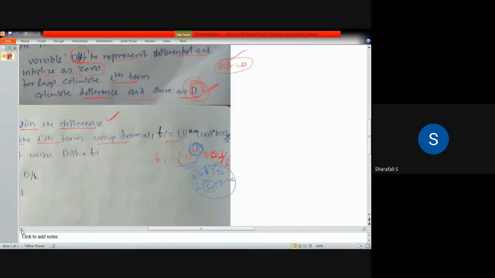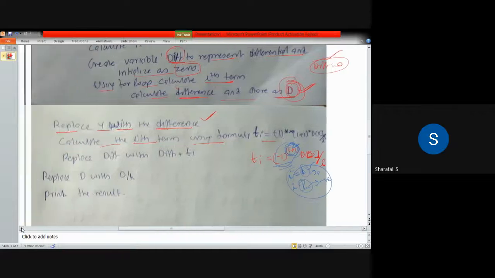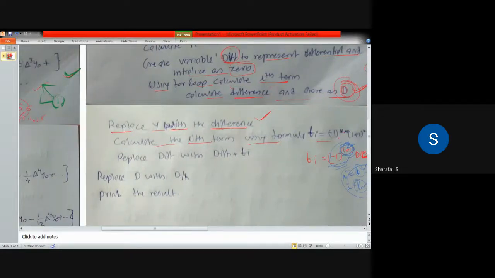After that, we have to add all those ti values to the diff value that is initialized with 0. Then you have to divide that with h, replace d with d by h, and then print the result.